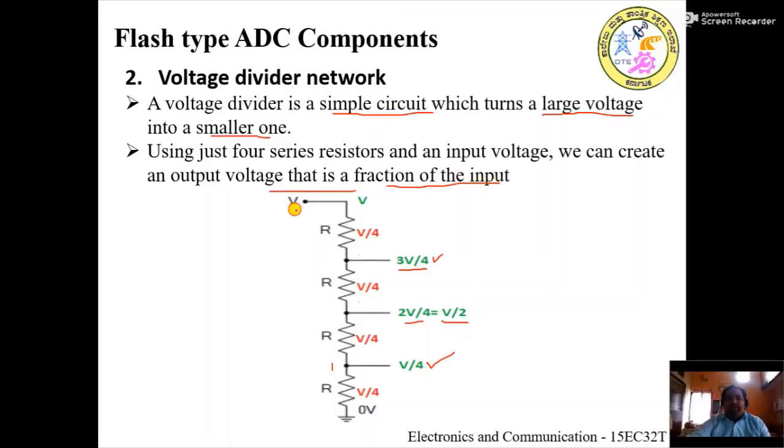Here input voltage is V, and I am getting 3 different fractions, that are 3V by 4, V by 2 and V by 4. If I want more fractions of voltages, I should increase the number of resistors in the voltage divider network.